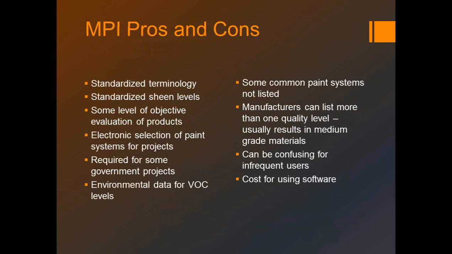Okay, so some of the advantages are, as I said, they really did do a super job of standardizing the sheen levels, and there's a certain level of terminology on other things that is helpful, because there are categories for exterior waterborne on certain kinds of surfaces.